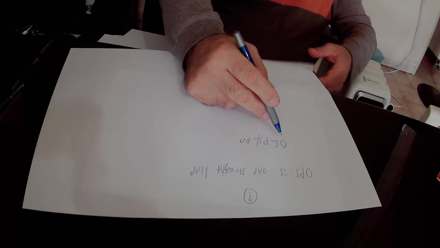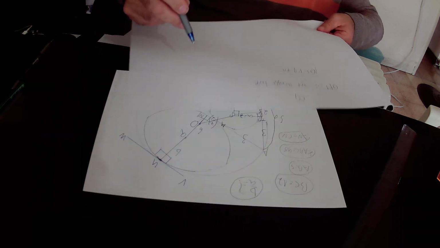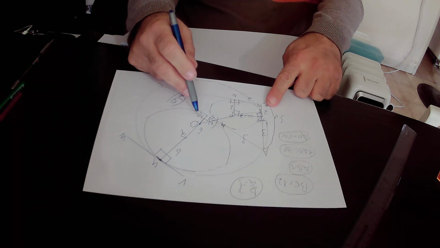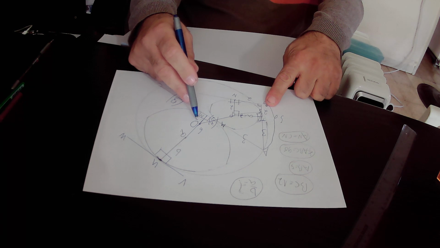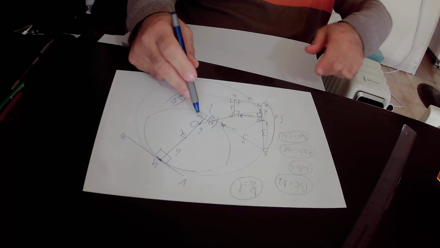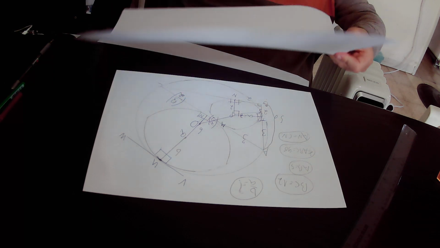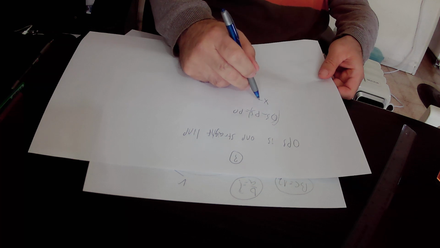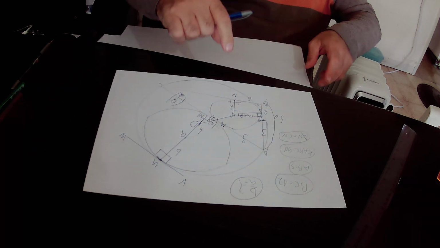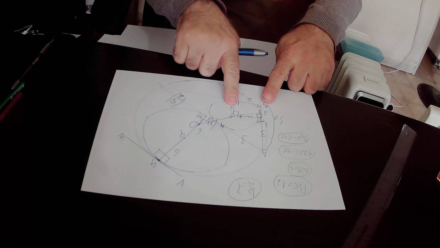OS is the radius of the biggest circle. Why? Because point O is the center of the biggest circle and point S is the point of the biggest circle itself. This is exactly the definition of a radius. We define the radius of the biggest circle as x, so we can substitute OS by x minus PS. PS is the radius of the small circle. Why?